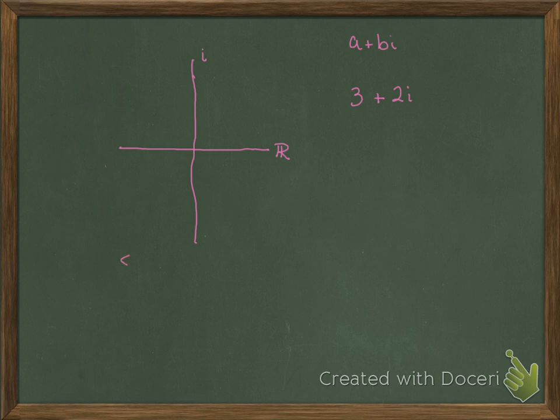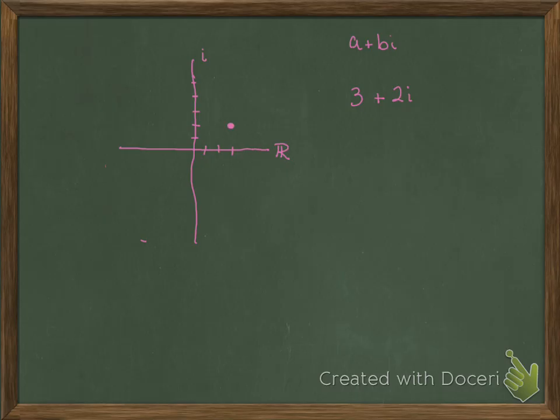So if we were to graph 3 plus 2i, we're going to go along the real axis 3 units and then up 2 along the imaginary axis. So that would give us this point right here.